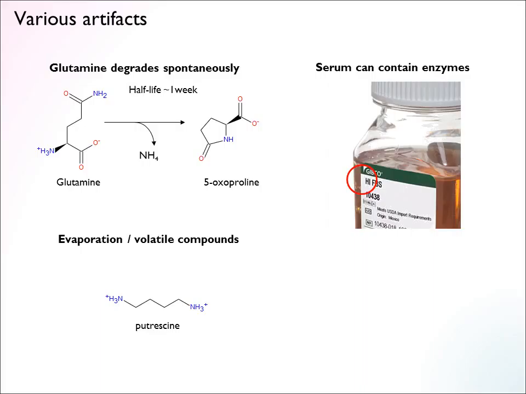But that's something to be aware of. And for measurements, there are also some compounds that are volatile by nature, and they can evaporate during cell culture. So if you are looking for these, you might not find them because they might simply go away while the cells are being cultured. Putrescine is a polyamine, and is an example of this volatile compound.